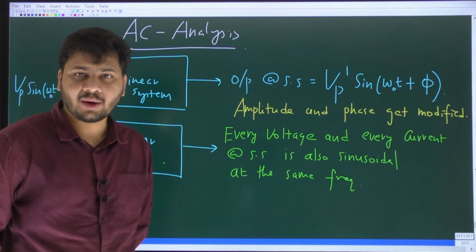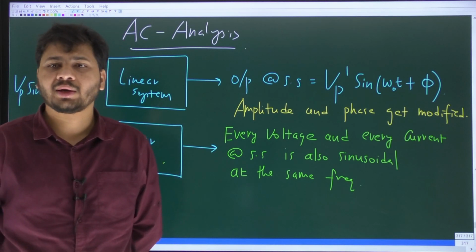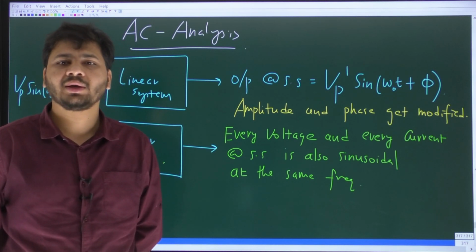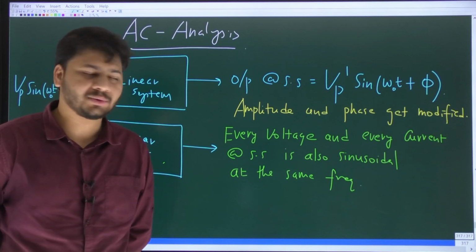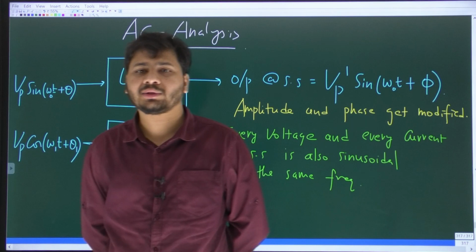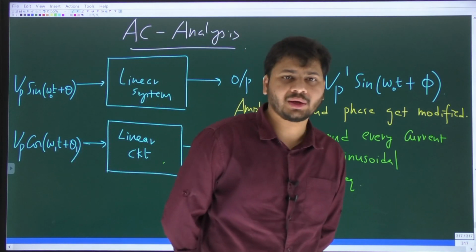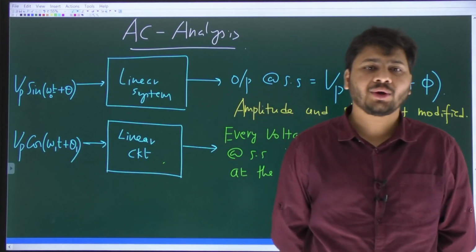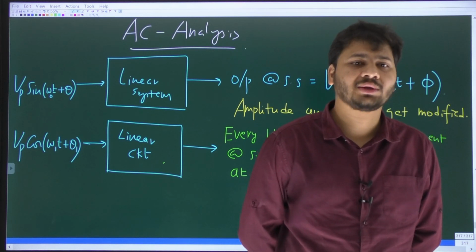But in this topic, we will be only interested in the steady state response and not the complete response. That means all our circuits driven by various sinusoidal current and voltage sources are always assumed to reach steady state.